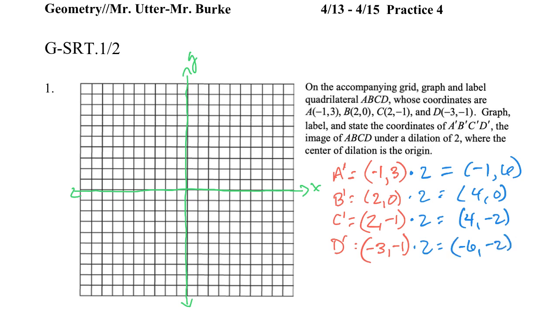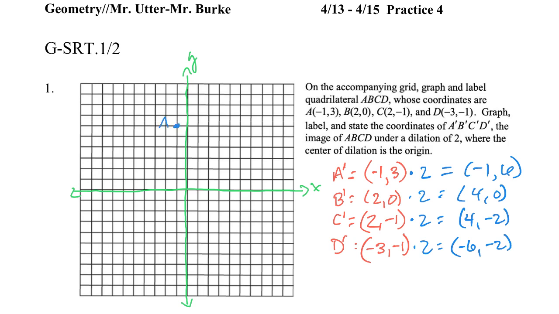All right. So all we need to do is graph these points. So -1, 6, 1, 2, 3, 4, 5, 6.